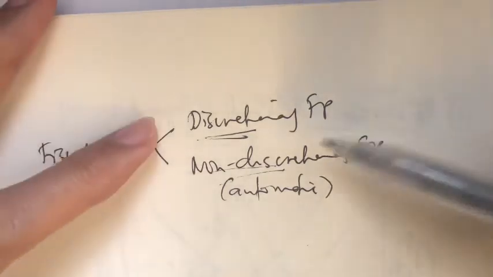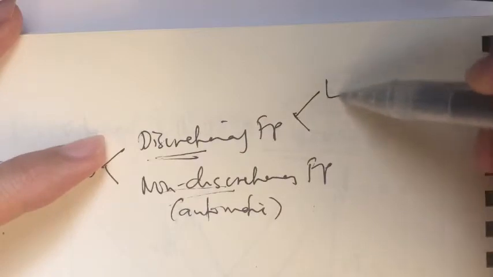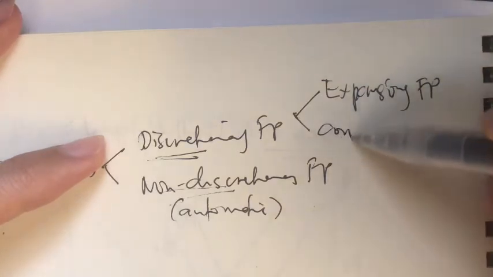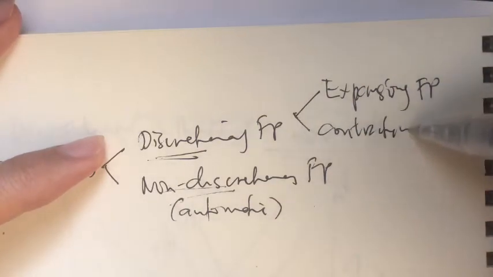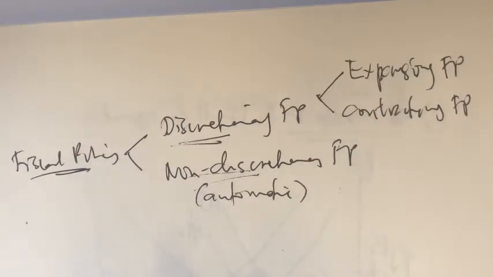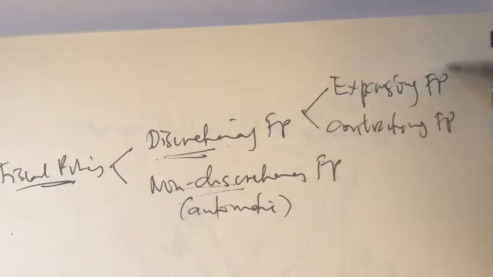Under discretionary fiscal policy, we have a further two, which are expansionary fiscal policy and contractionary fiscal policy. So in today's video, we will be looking at discretionary fiscal policy and expansionary.